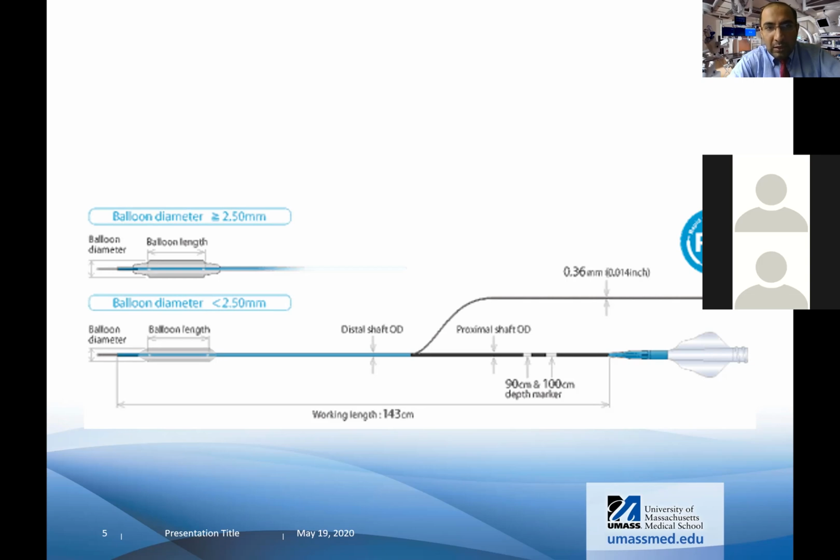When we are describing a balloon, we are describing this length, marker to marker. But if you see, the balloon does extend a little bit beyond this marker, as you can see. And this area, this angle, helps it to wedge into a lesion.